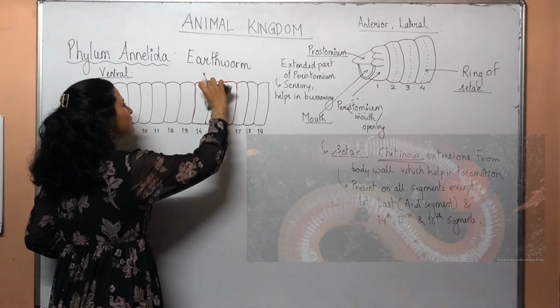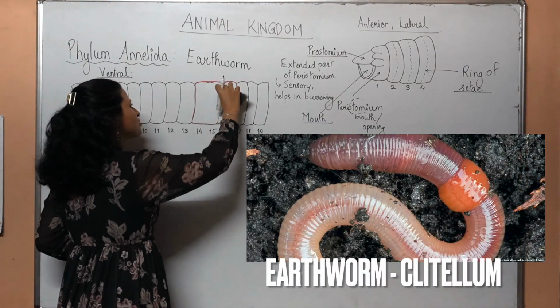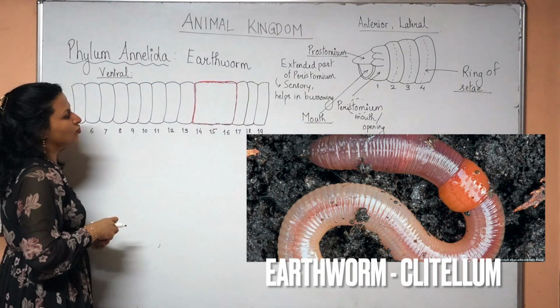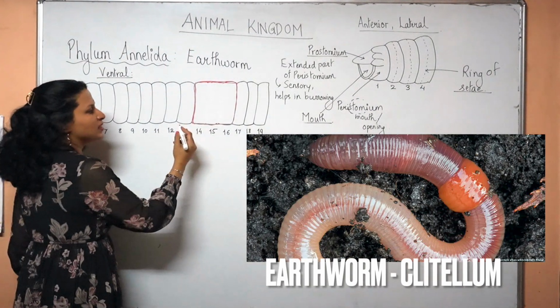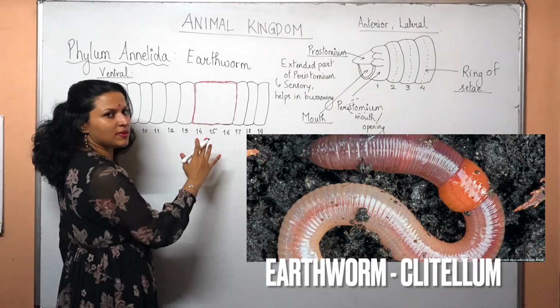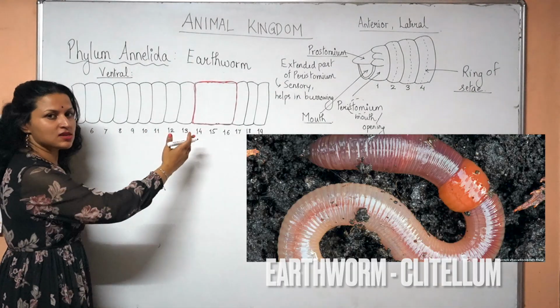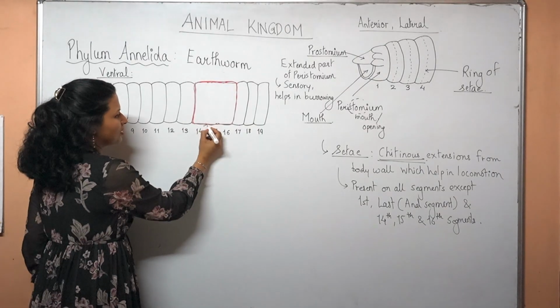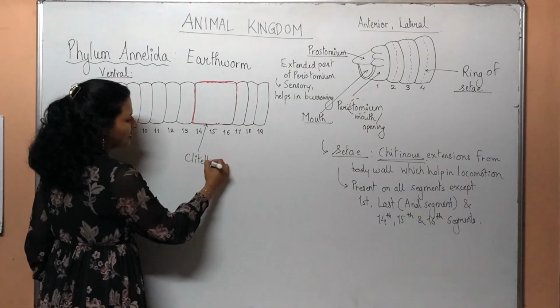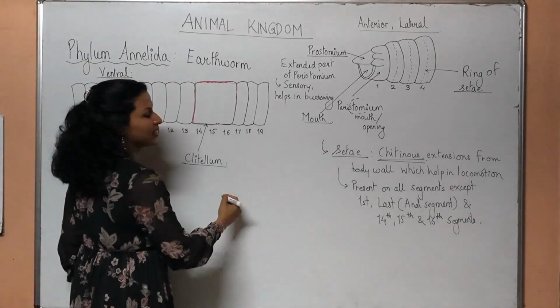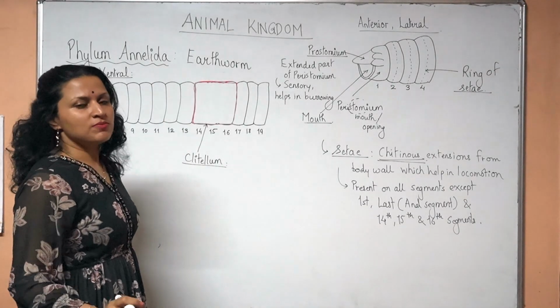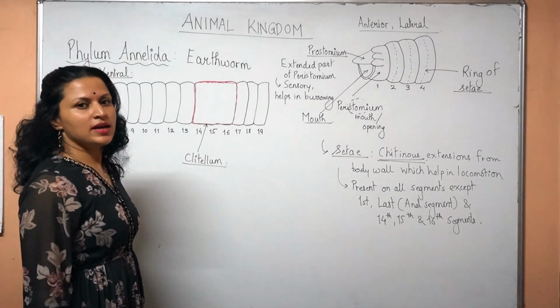They wouldn't be seen independently as such. The glandular epithelium has created a structure which appears like this externally, and this structure over here is known as the clitellum. The clitellum has a role to play during the earthworm's reproduction process, and we will discuss that shortly.